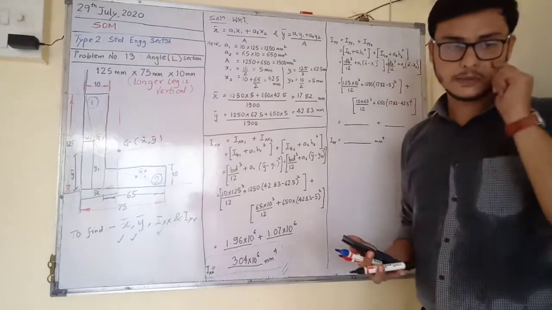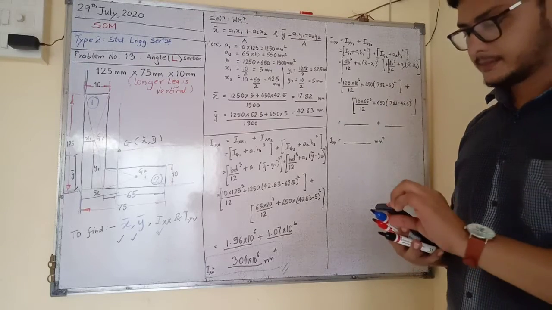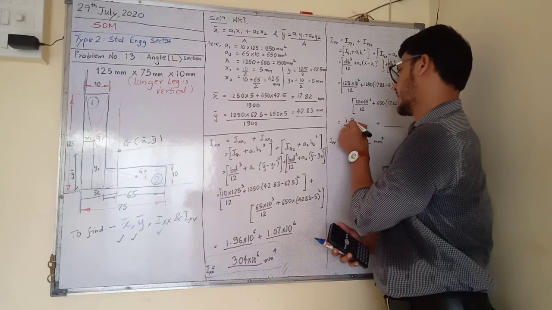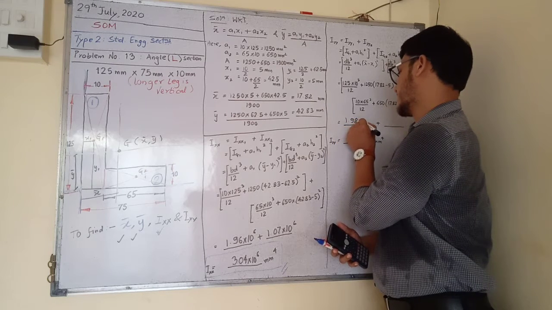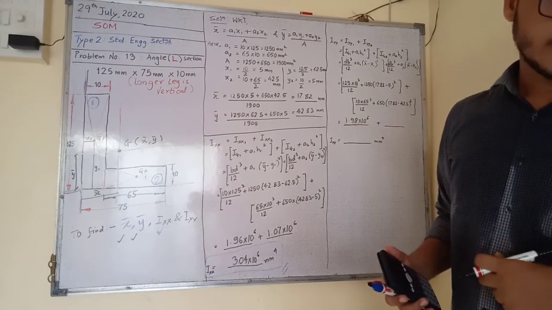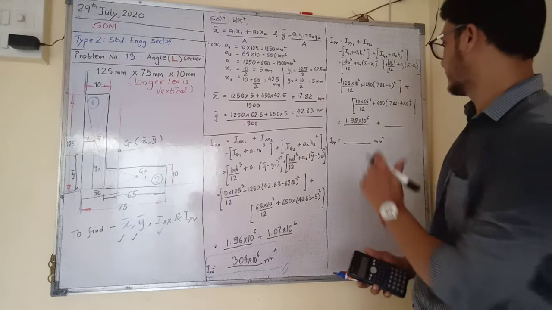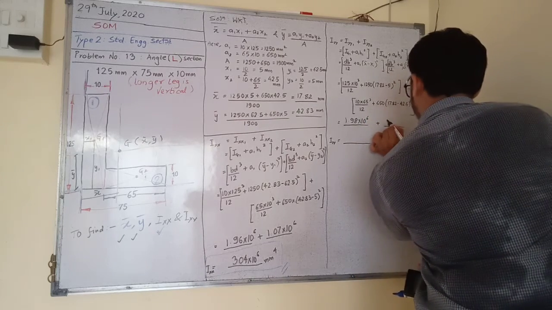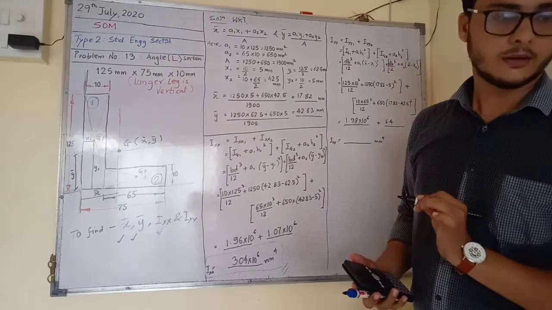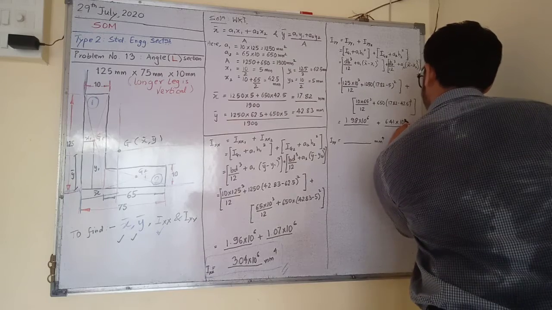So let's calculate this. First value of Iyy1 is 1.98. On solving this, I got 1.98 into 10 raised to 6. And second bracket on solving, I got 6.41 into 10 raised to 6.